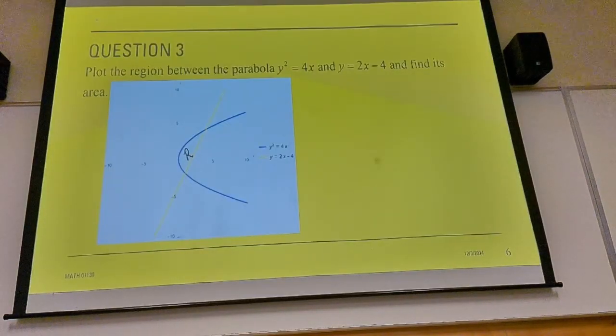You could. Well, similar to what Jake was saying, the first, y squared equals 4x, is with respect to y. So since we're trying to integrate in terms of the x-axis, wouldn't we want to set that in terms of x by substituting y equals 2x minus 4 into y squared?